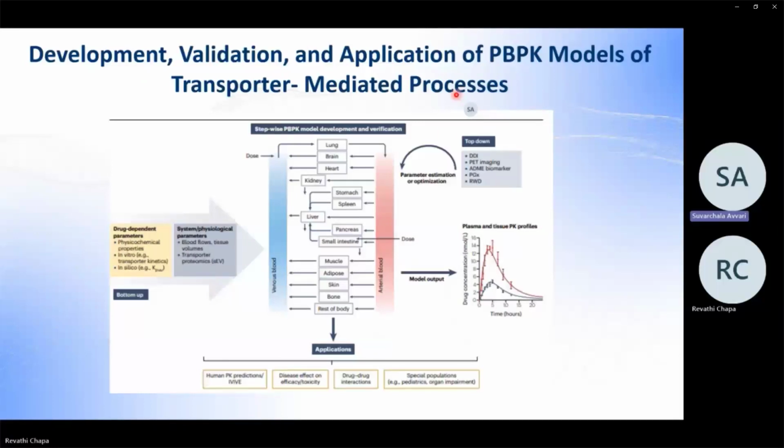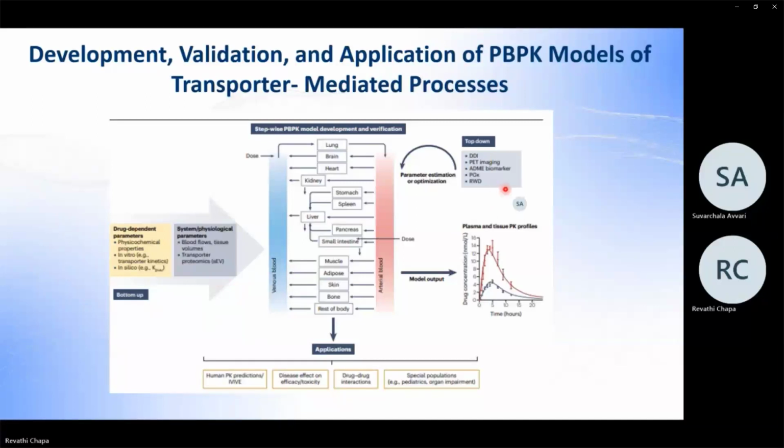So this slide here shows the basic model development, validation and application of the PBPK models. So the typical approaches that we follow when it comes to PBPK model development is either the bottom up or the top down approaches.